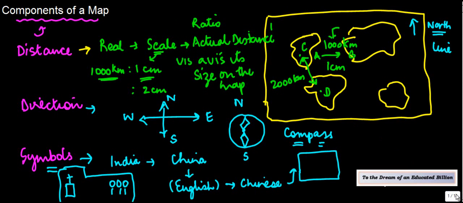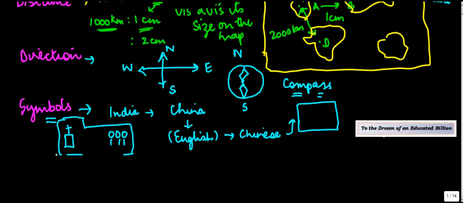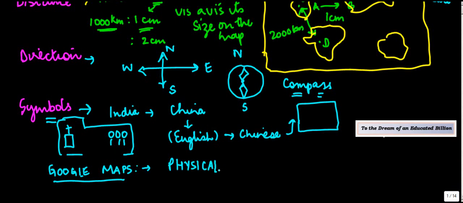Now, interestingly, with the change of times, we are in an era where we have something also called Google Maps. So maybe instead of using the physical map which I have told you about, we are more and more moving towards a situation where we are using Google Maps.